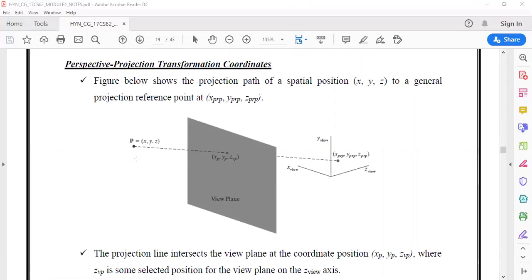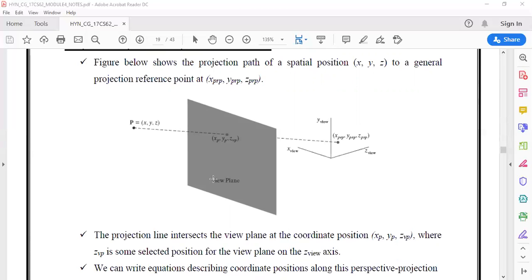This P equal to x comma y comma z is my original point which is projected onto the view plane, right? So now the projection line intersects the view plane at a coordinate position, right? So it is intersecting and it will form the point xp, yp comma zvp, right? So zvp is a selected position for the view plane on the z view axis, right?